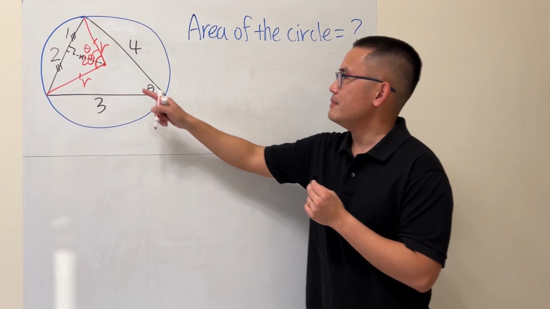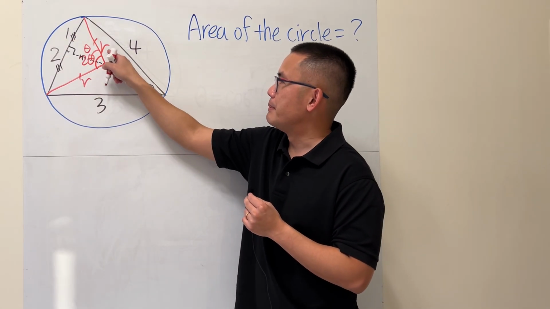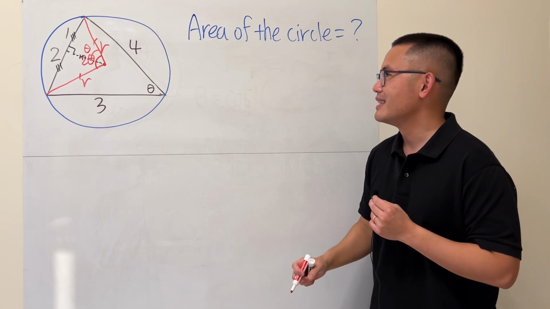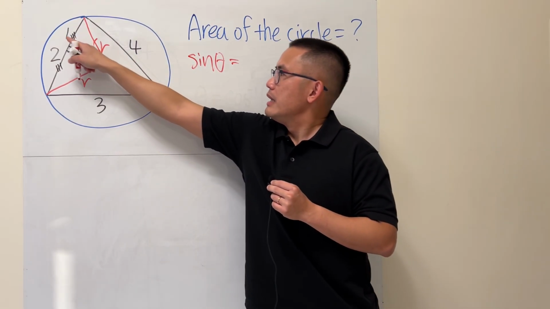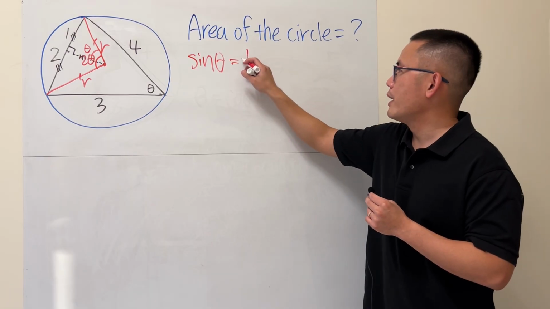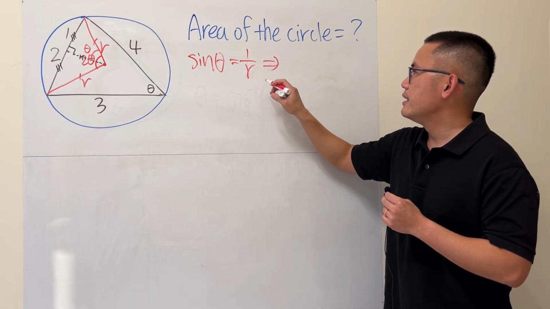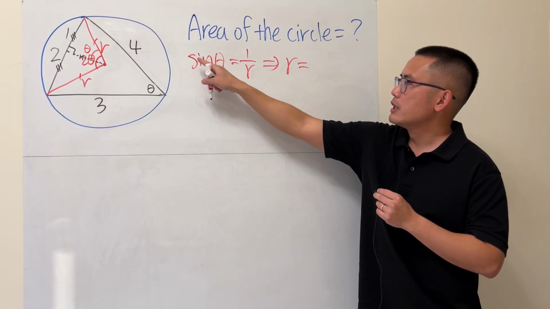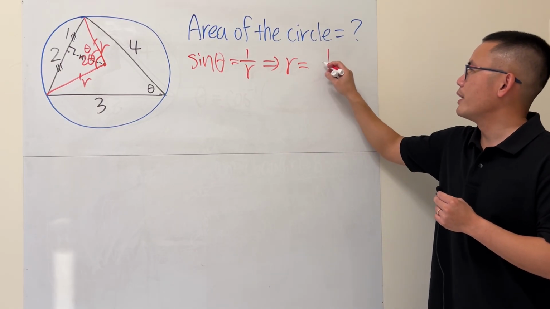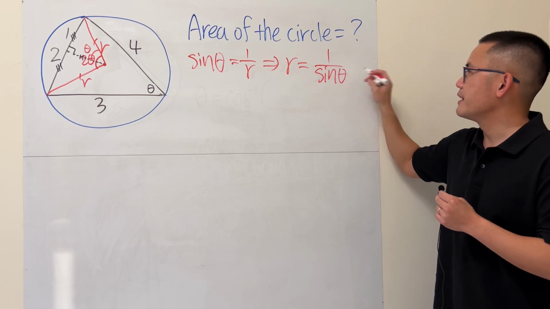Here, we have the opposite and hypotenuse, so we can use sine. Have a look. We know sine theta will be opposite over hypotenuse, which is 1 over r. And I want to figure out what r is, so r is equal to 1 over sine theta.